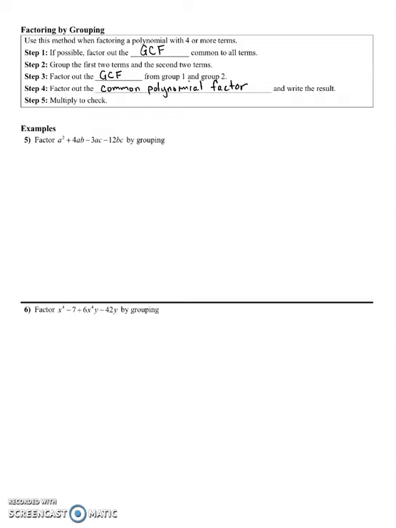So the first thing we do is we group the terms, the first two and the last two. I'm going to group the a squared with the 4ab, and I'm going to group the negative 3ac with the negative 12bc. Now notice I put the negative inside the parentheses and kept it with its term and put a plus there. That's so we don't screw up the signs.